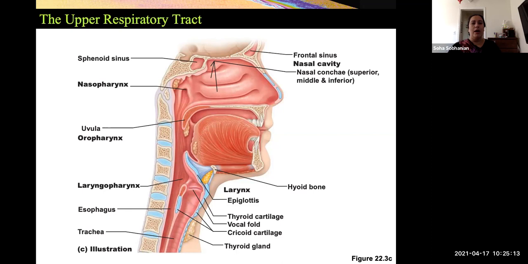That's not true. The posterior one, which is actually more narrow, is highly muscular. That's your esophagus connected to the stomach. The wider tube that is more anterior is your trachea or your windpipe, and that's the one that goes to your lungs.